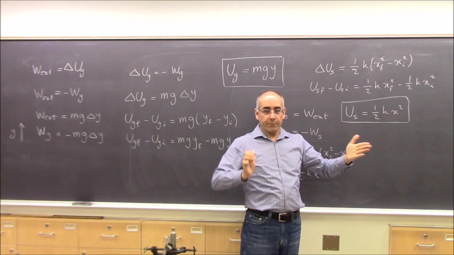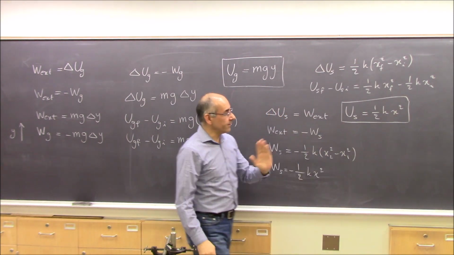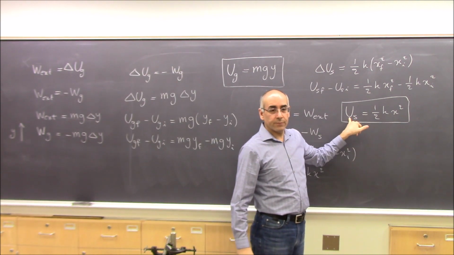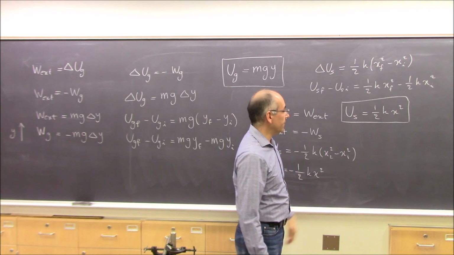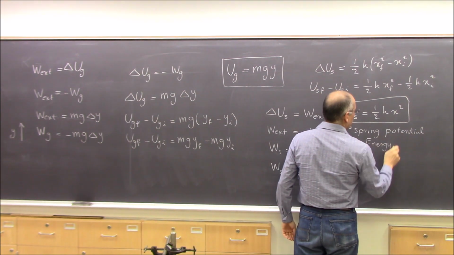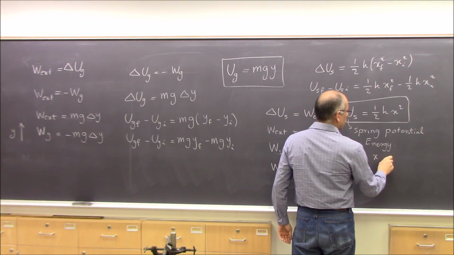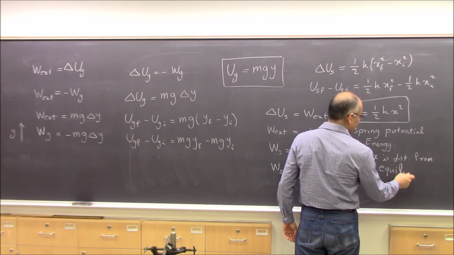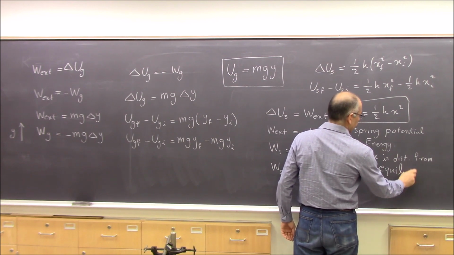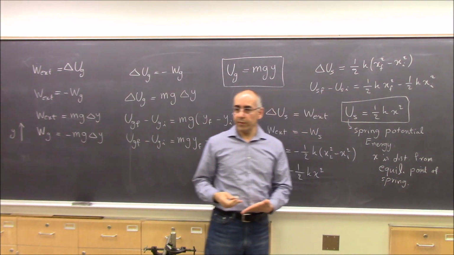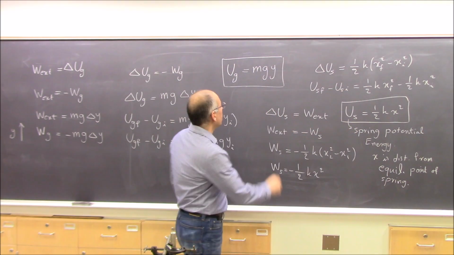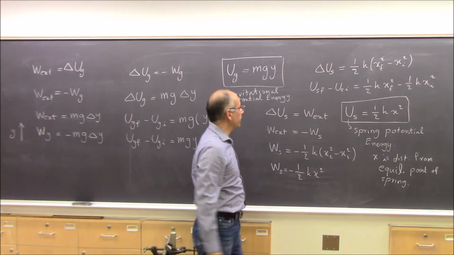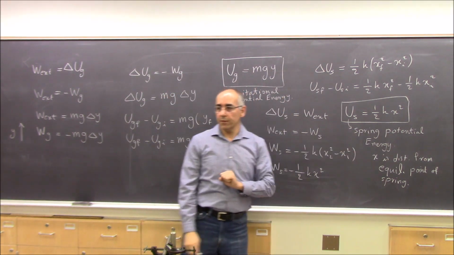So if you compress or stretch a spring from its equilibrium point by x, then it has this much potential energy stored in it. And x is the distance from the equilibrium or relaxed position of the spring, that's when the spring is not stretched. So this is gravitational potential energy and spring potential energy.